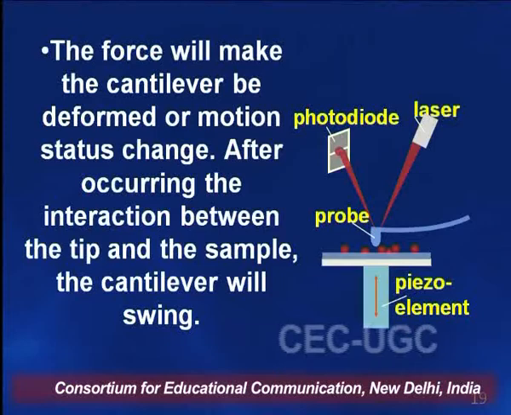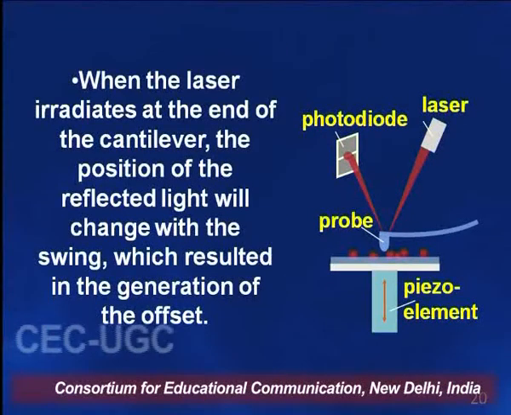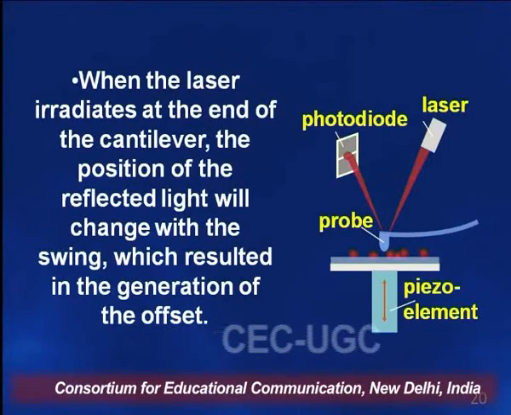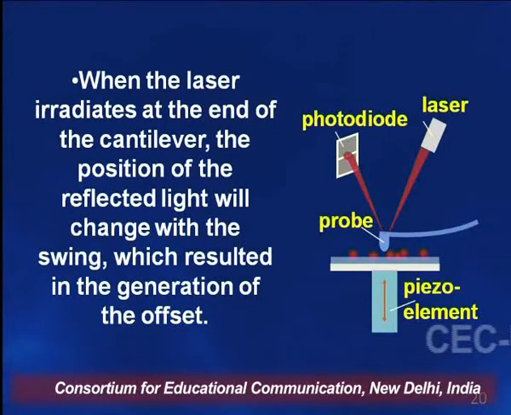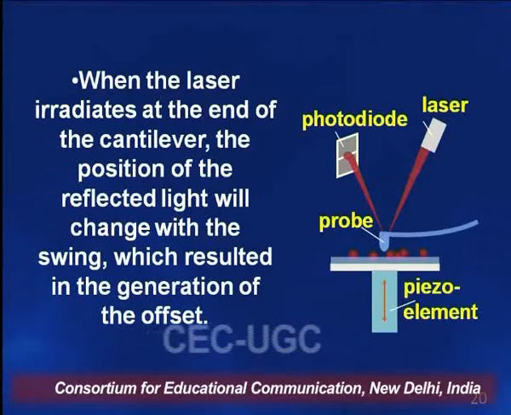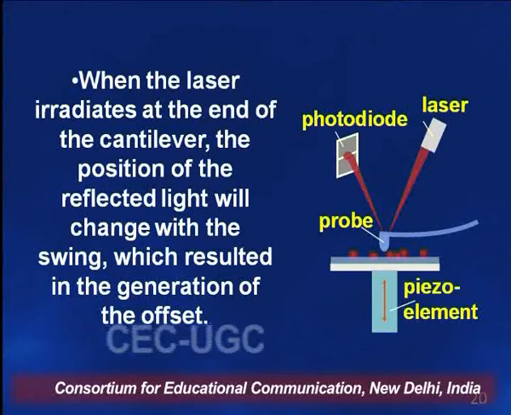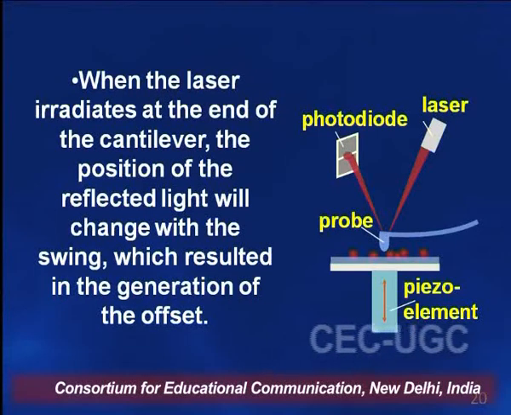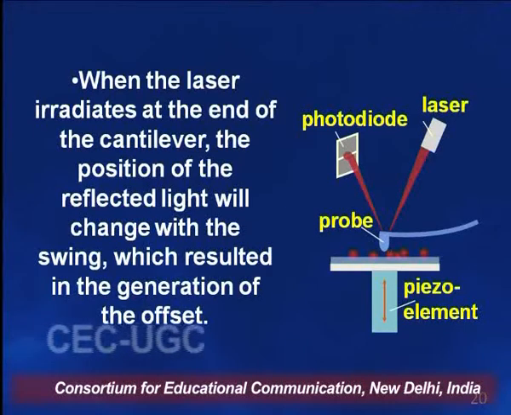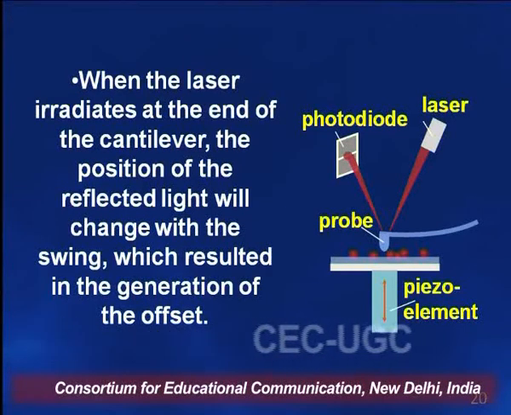When the laser irradiates the end of the cantilever, the position of the reflected light will change with the swing, and this results in the generation of an offset, and we can get the result on the photodiode, and the scanning of the surface can be recorded on the photodiode as the force exerted on the cantilever.